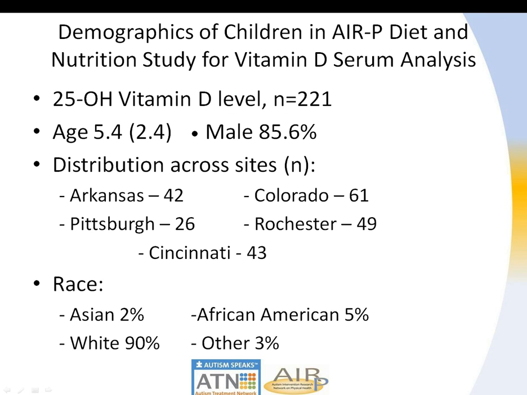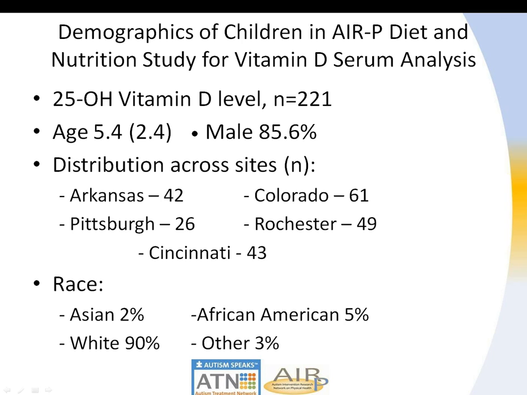So we had this slide, we had 368 children who consented for our study, and of those 368, 292 completed 3-day food records, and 221 agreed to have lab values obtained. And you could see this slide shows the distribution of subjects by site and race.